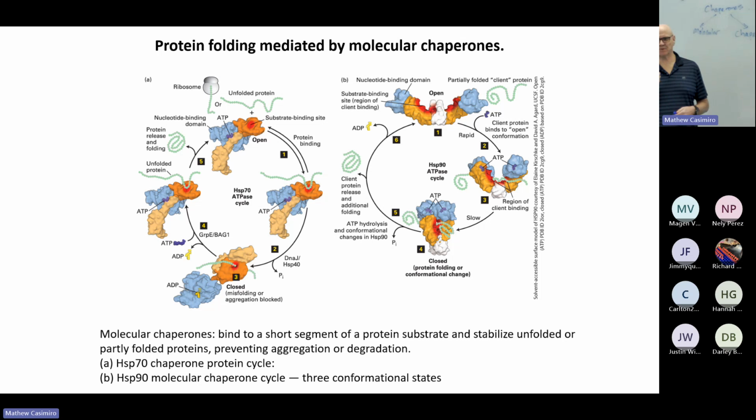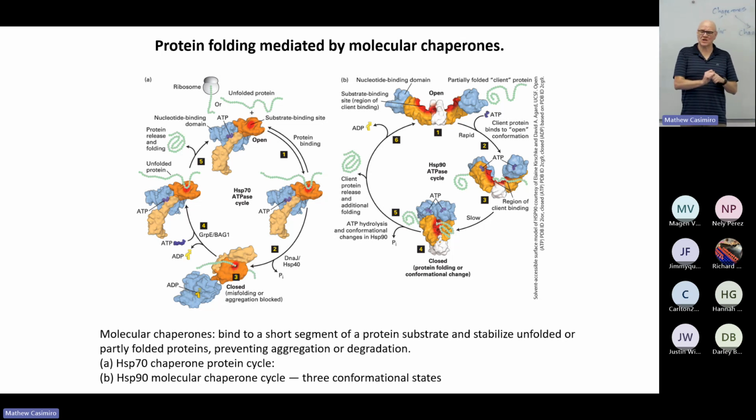Okay, the HSP acronym comes from their name, which is heat shock proteins, and they were given that name because of experiments that showed that the abundance of these proteins dramatically increases in bacteria after you heat shock them, and the expression of these proteins is required to help stabilize the conformation of proteins. Okay, so chaperones are not only involved in folding.